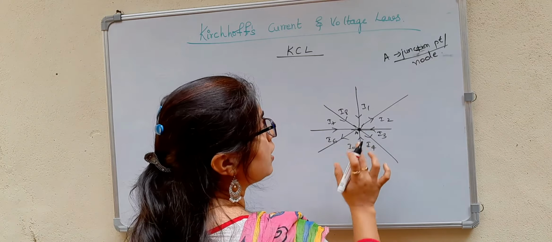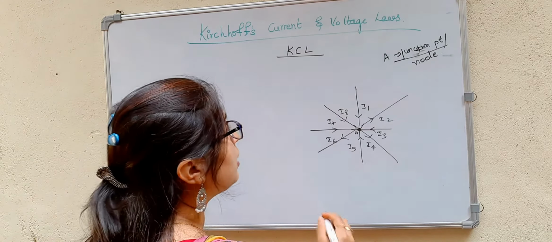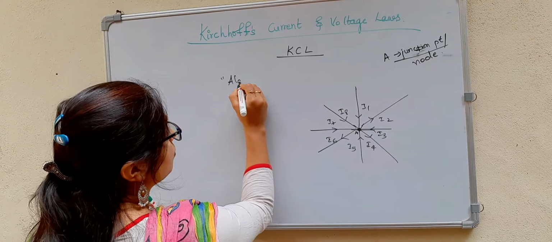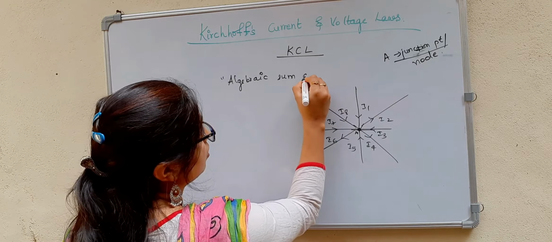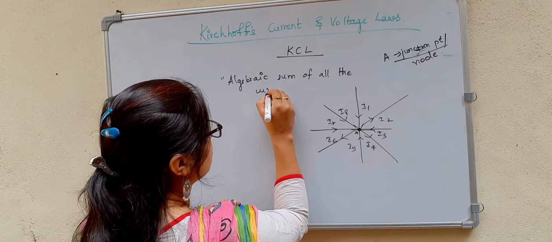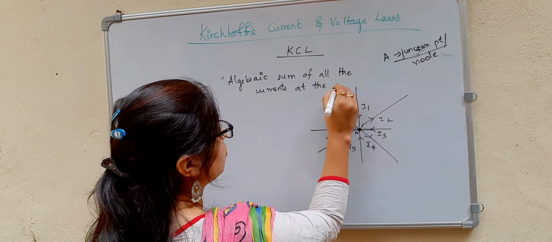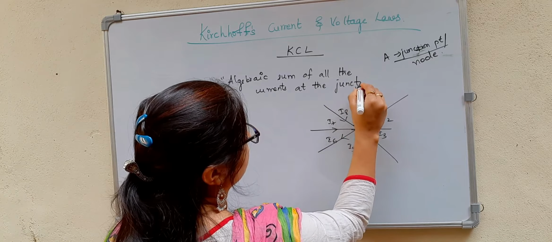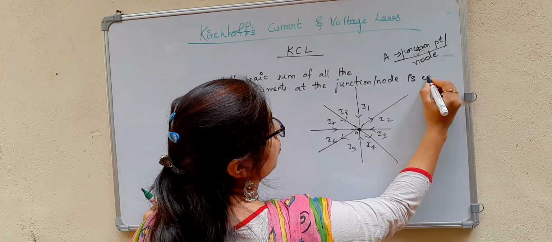So at this node we have to define this KCL. It is nothing but the algebraic sum of all the currents at the junction or node is equal to 0.